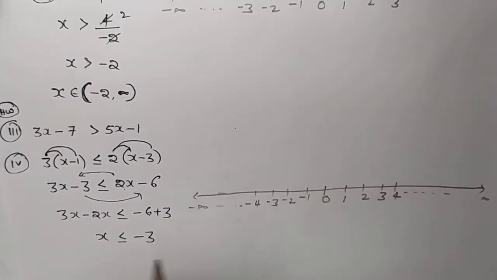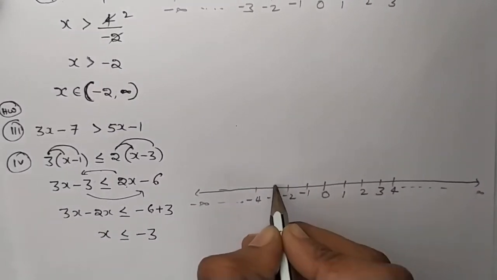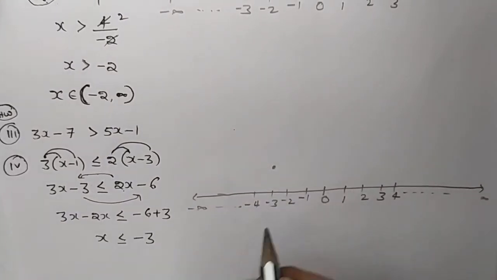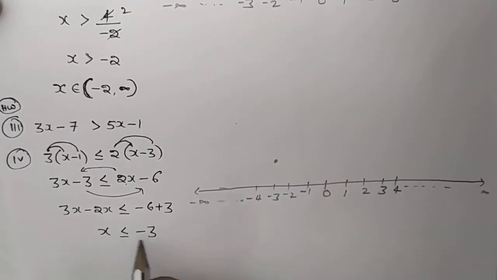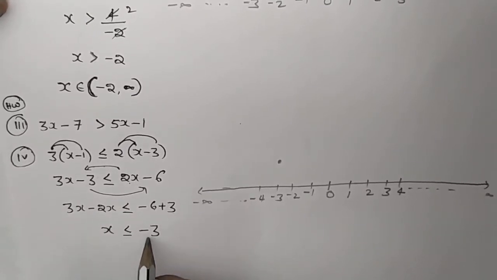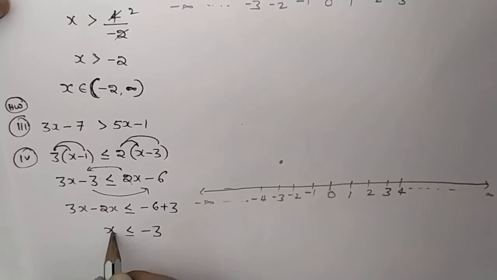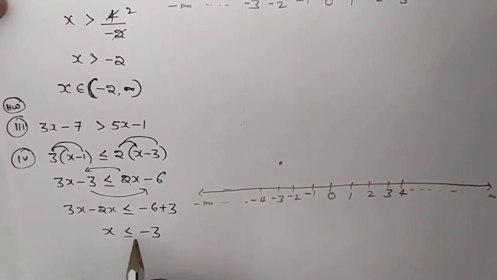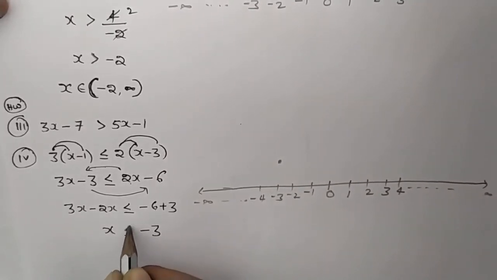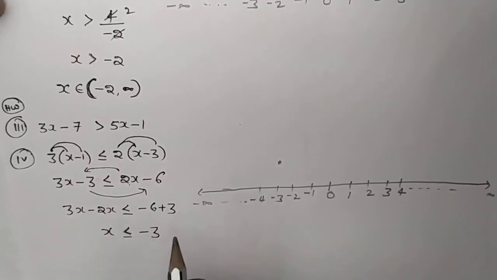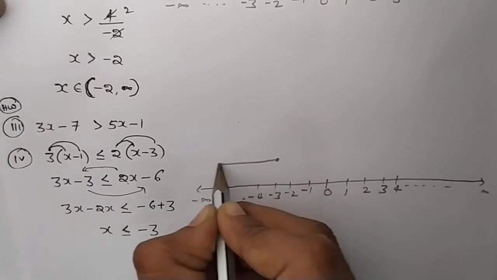Now where will minus 3 come? Here it will be minus 3, isn't it? x less than or equal to minus 3 means the lesser values of minus 3. It shows less than, so you can take it to the left.